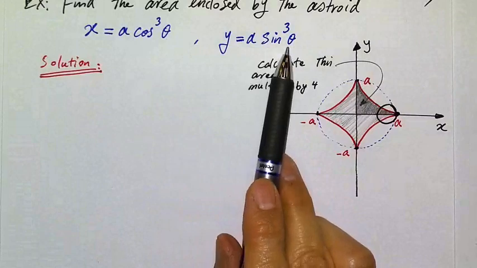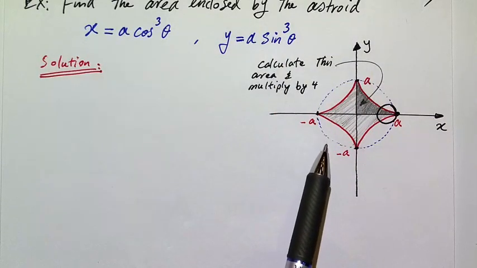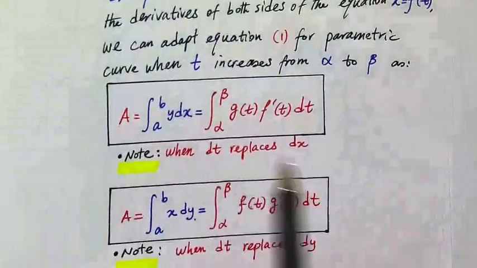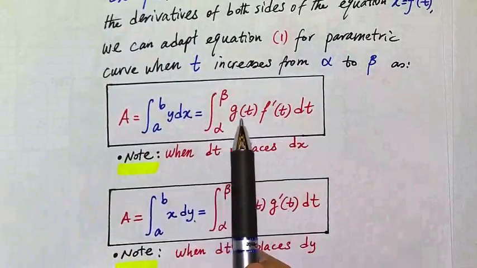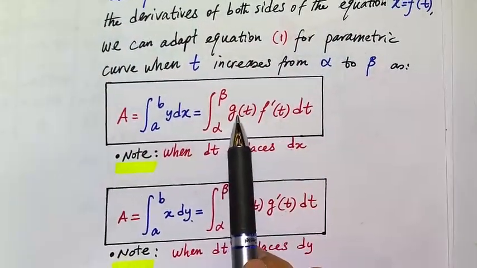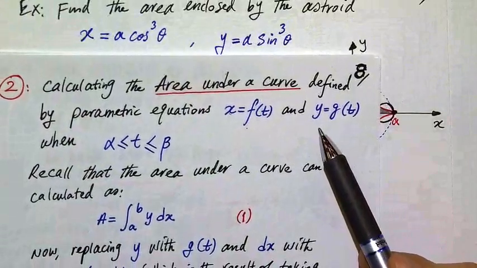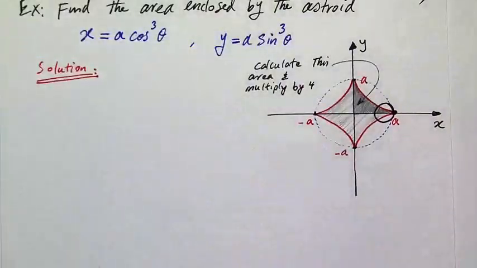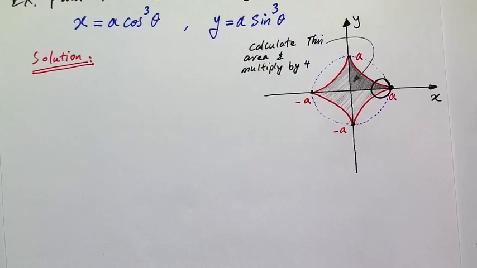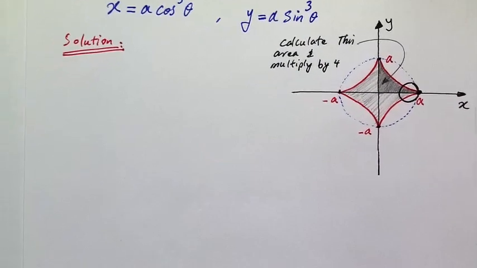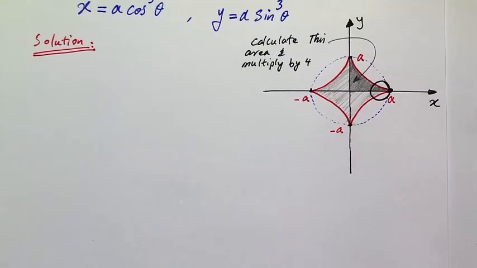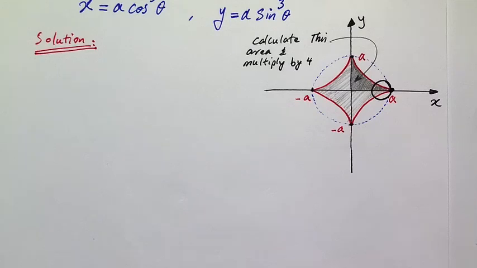So d theta is going to replace dx. And because of that, the curve, the parametric equation that represents g(t), or the y, it's going to be, well, I'll write it down so we don't have to remember it. Memorization isn't that important. It's how to apply the method that's important.